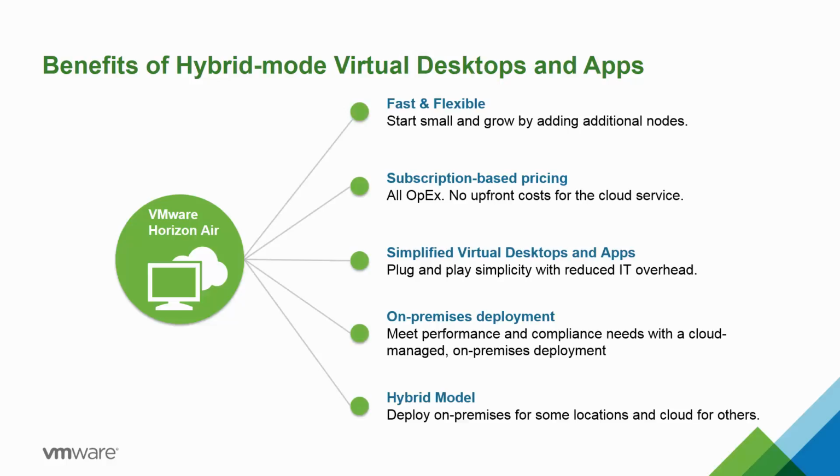The hybrid architecture offers customers a fast and flexible deployment option where they can quickly scale up for contractors, outsourced projects, or maybe a company acquisition. They may not have the CapEx to initially grow an existing on-premise VDI environment, which does require a lot of capital expense.